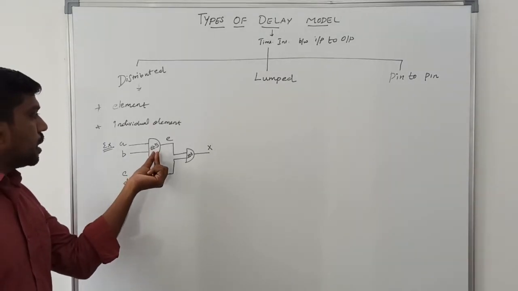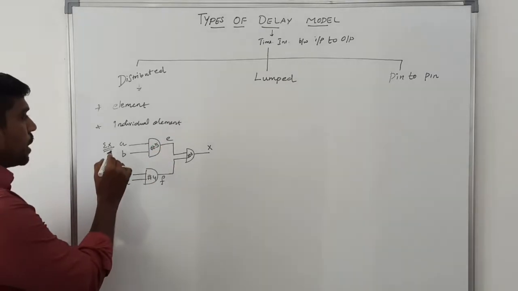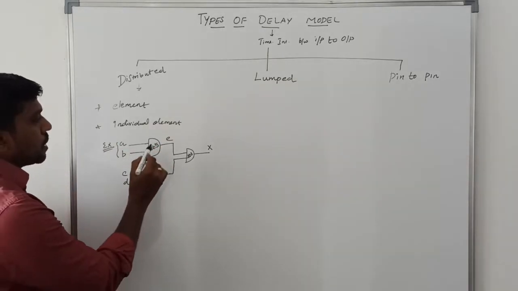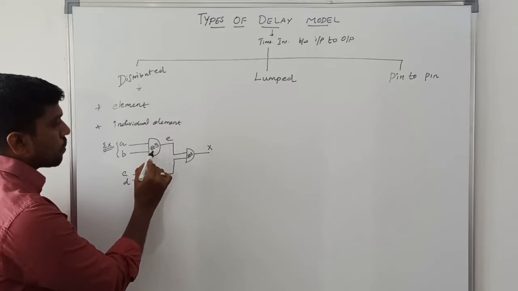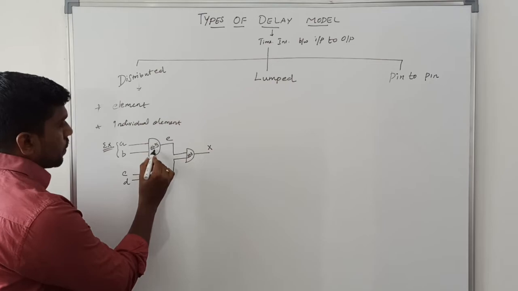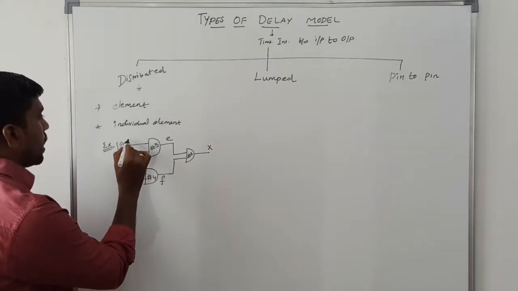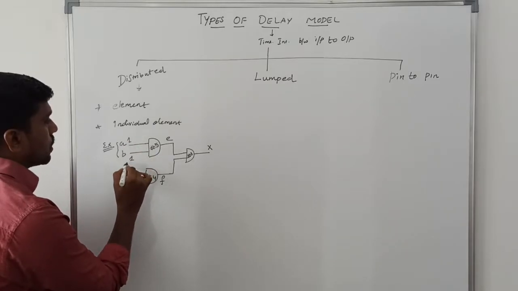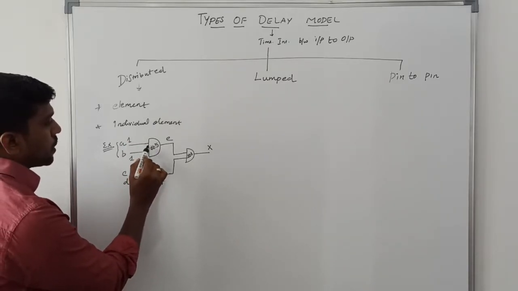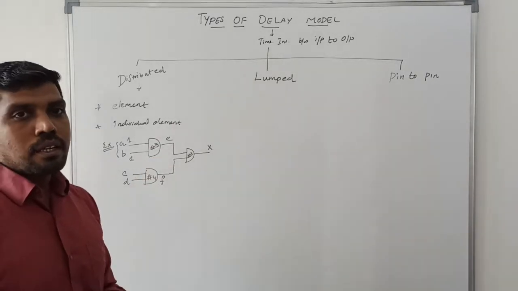After the delay only, the first element releases the output. Whenever the input value changes, the output value changes after the delay value. For example, A and B values are both 1. This 1 is applied to the input of the first element, but the output is not obtained immediately.